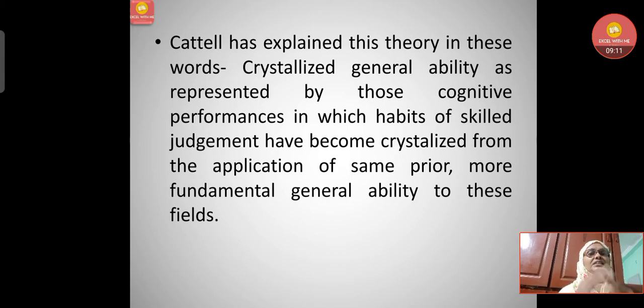That means the broader thing which will flow with the thinking power, by performing through the habits of some skills or judgment, has become that hard thing, that is crystallized, to apply in the same prior experiences. There is a more fundamental general ability to these fields, he says.